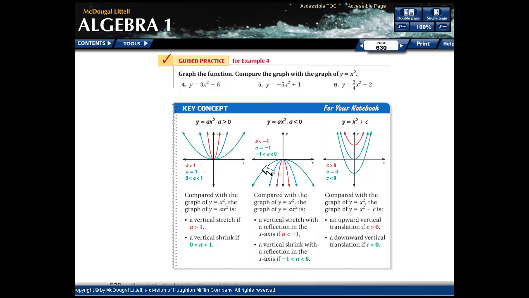If it is negative, it will go down. It will be the same one as up here, only just flipped, like a mirror image, like a reflection over the x. And then the last thing, if it has a plus or a minus on the end, it takes the exact parabola and just shifts it up or shifts it down compared to what we've got.